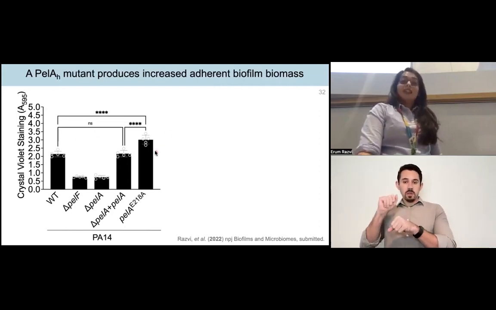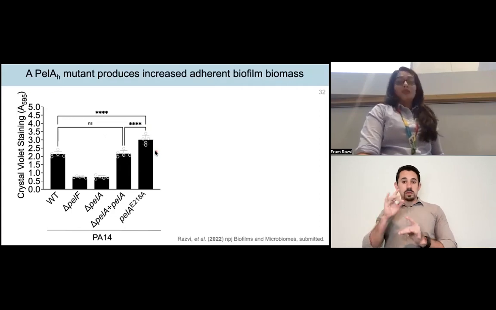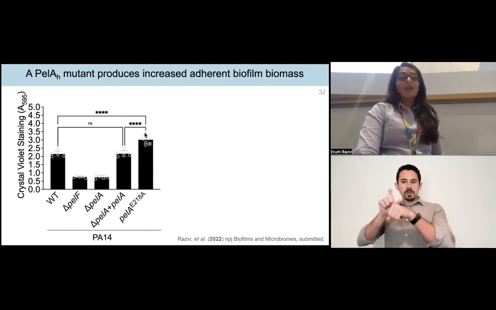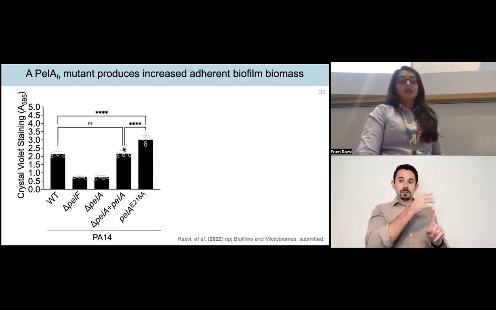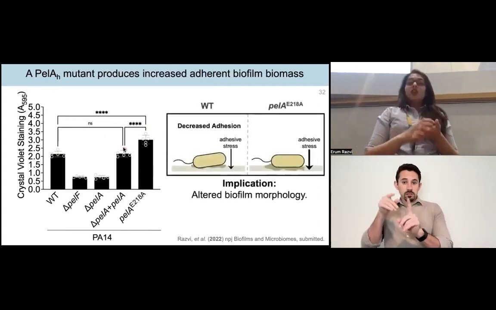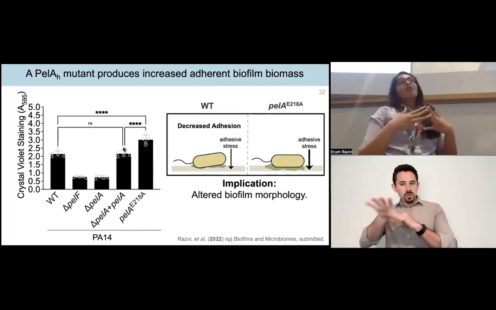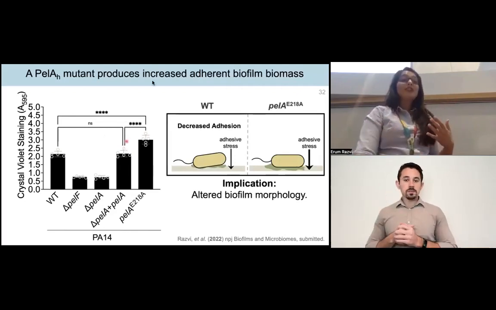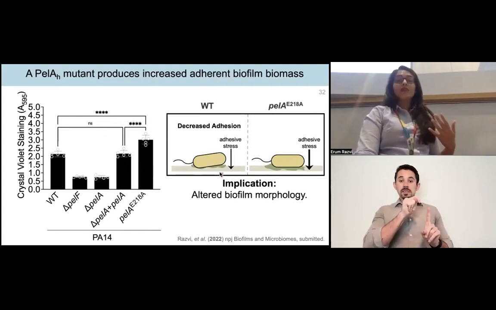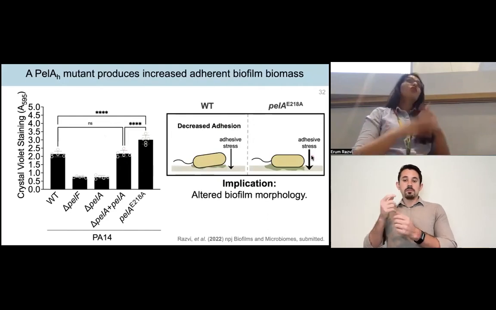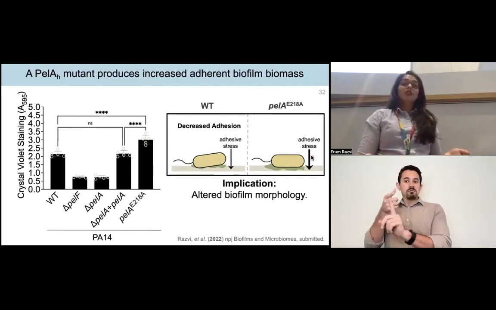And very interestingly, our PA14 hydrolase mutant strain had significantly increased adherent biofilm biomass relative to the wild type and the complementation strains. Now, cell-to-surface adhesion is known to influence overall biofilm morphology by altering internal forces. So the decreased adhesion of wild type relative to the hydrolase mutant implies that there's an alteration in overall biofilm morphology.